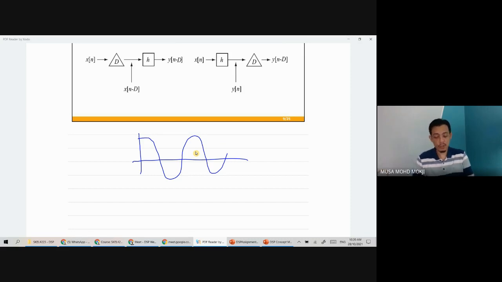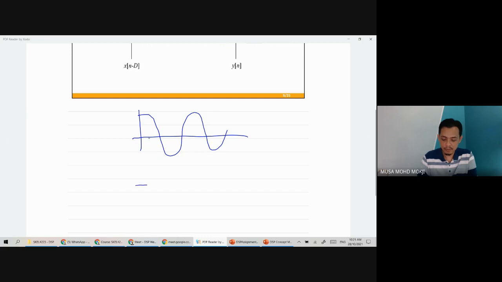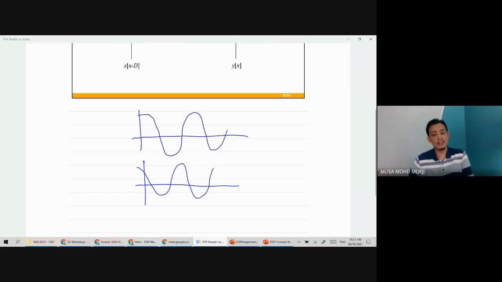It's not possible that every time you record, you will start at this cos signal at 1. Sometimes when you start recording, maybe it starts here. But it is still a cos signal with delay. It is the same signal, but with delay.